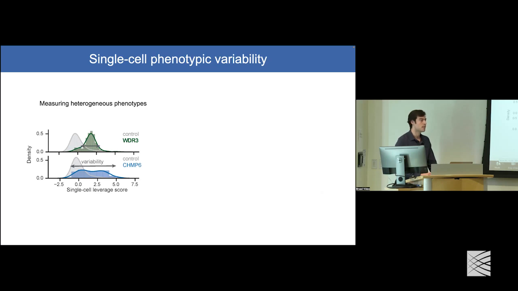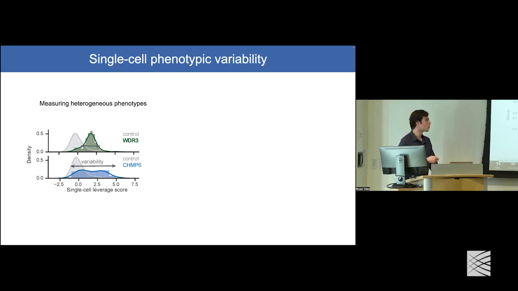So you take the first 20 components of the PCA of this 2 million by 20,000 dimensional matrix, and then you compare the values of these 20 components for cells with a given perturbation. This could be like 200 cells that are targeting WBR3 or something like that, versus non-targeting control cells.